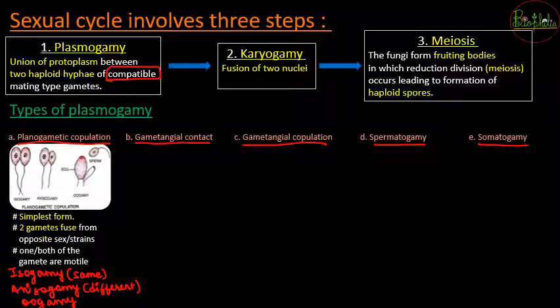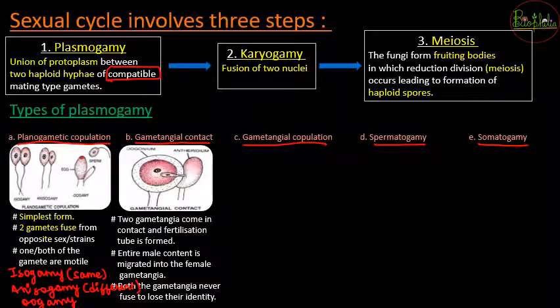Second is going to be gametangial contact. You can see in the figure that gametangial contact is by the forming of a tube. Whenever 2 gametangia, that is 2 opposite strains of fungi, come in contact and are meant for fertilization, a fertilization tube forms, and through that fertilization tube the entire male content of the antheridium is migrated from the male part into the female gametangia.